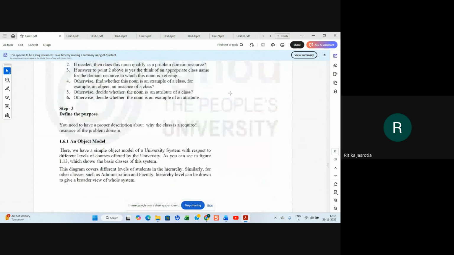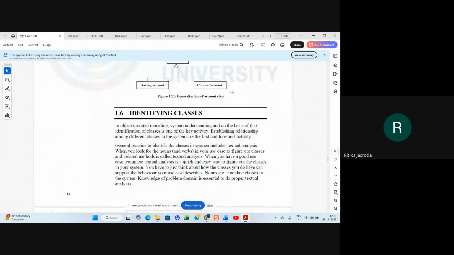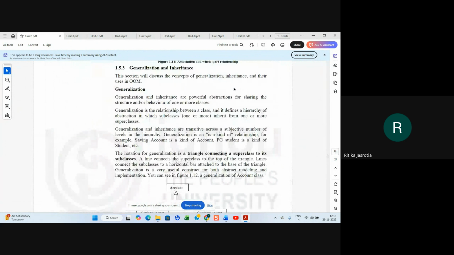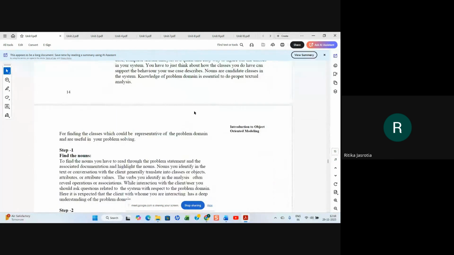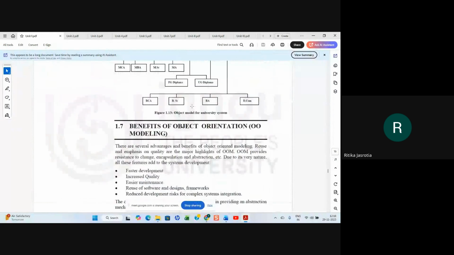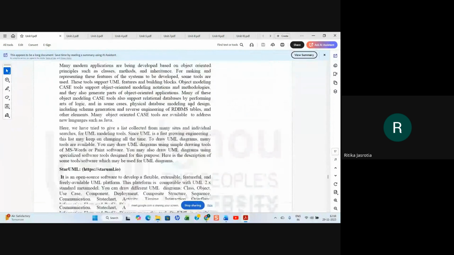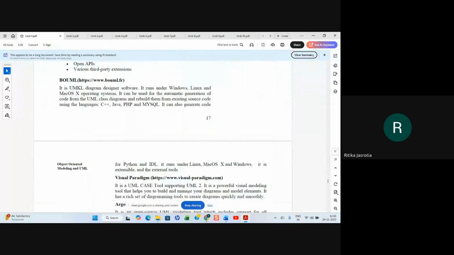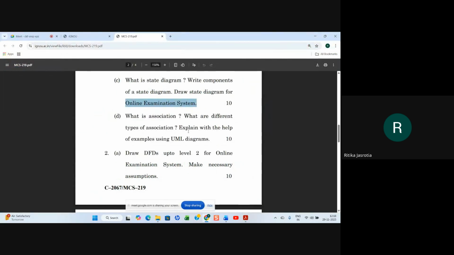Generalization is also a kind of abstraction. So this is what you have to explain here. Explain with the help of an example. Again, you can give association examples.